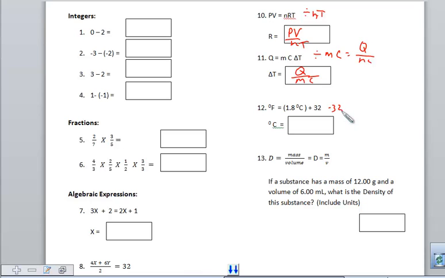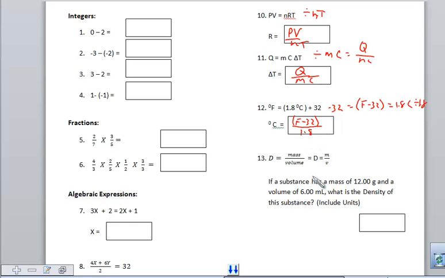Fahrenheit minus 32, and in the order of operations you do that first, equals 1.8 times C. Then we divide by 1.8, and you end up with C equals Fahrenheit minus 32, and you want your parentheses there because that has to be done first, divided by 1.8.